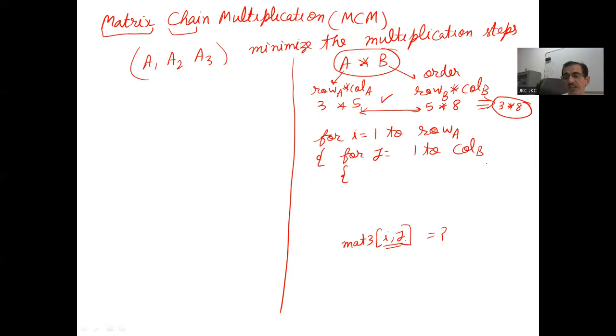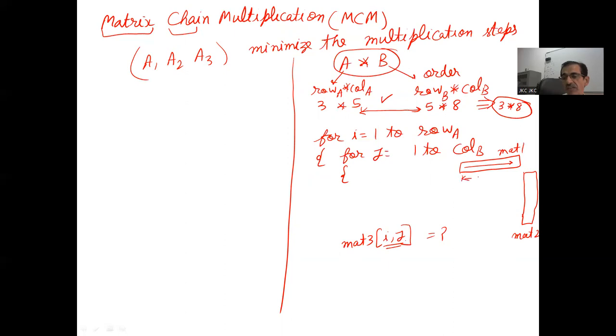So what is our logic? If you remember, all elements of one row of mat1 were to be multiplied with all elements in each column of mat2. How many elements are these?